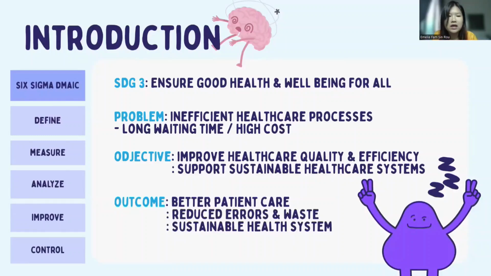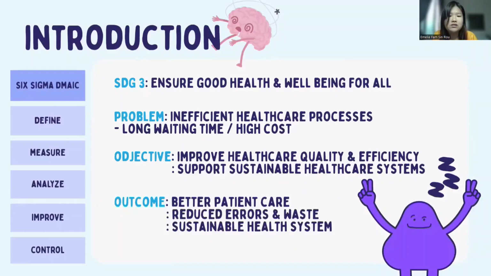These issues can delay treatments and also reduce the quality of care, especially in developing countries. The objective of these projects is to improve the quality and efficiency of healthcare service while supporting sustainable healthcare systems that align with SDG 3.